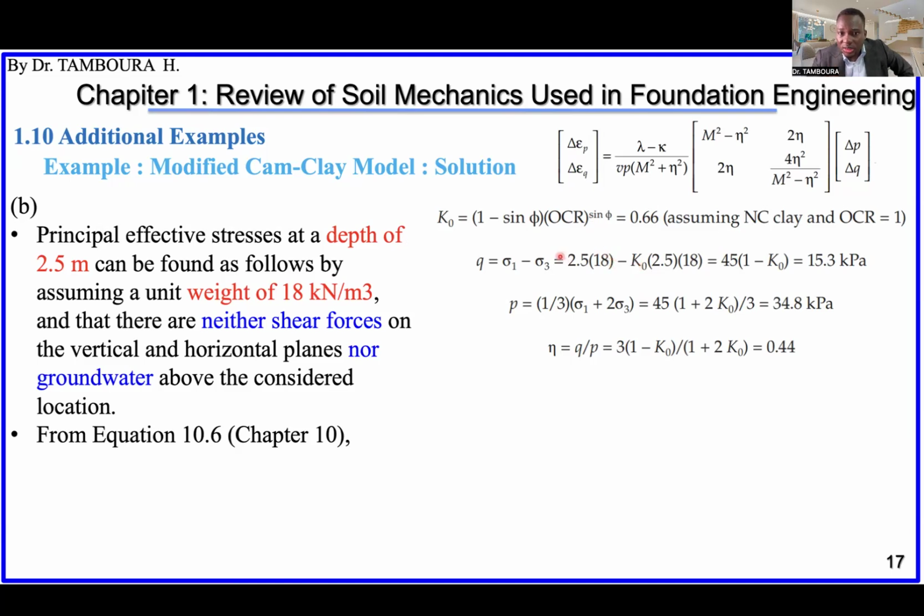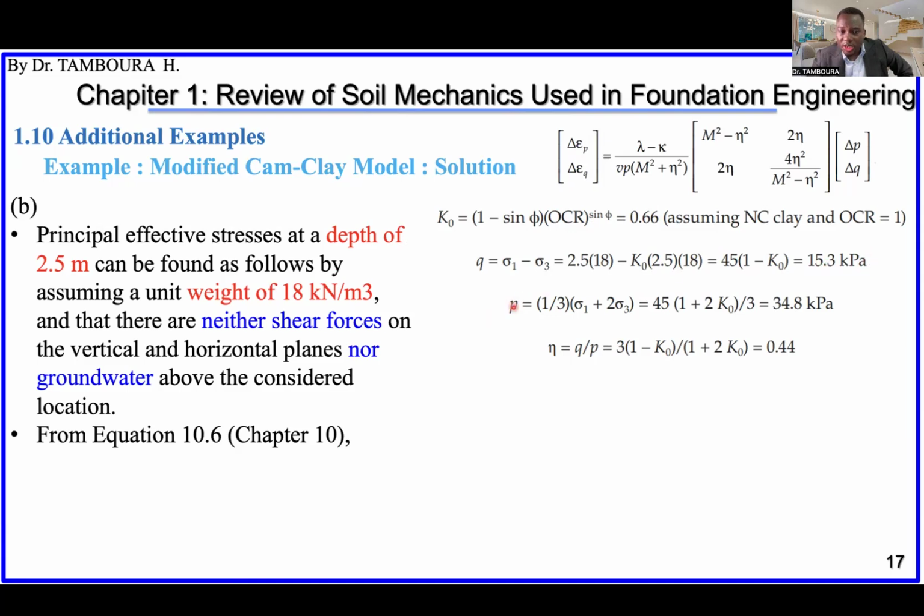The vertical stress is the unit weight multiplied by the depth. So multiplying this by K naught, we obtain the horizontal stress. And the horizontal stress will stand for sigma 3, and the vertical stress will stand as sigma 1. So we can obtain the shear stress easily by doing that as 15.3 kPa.